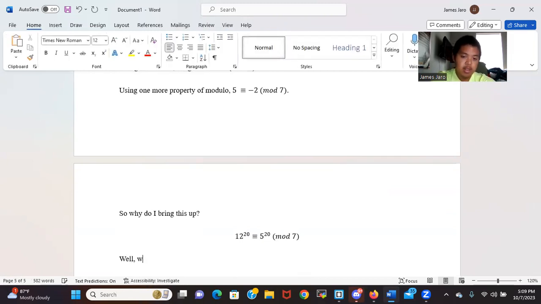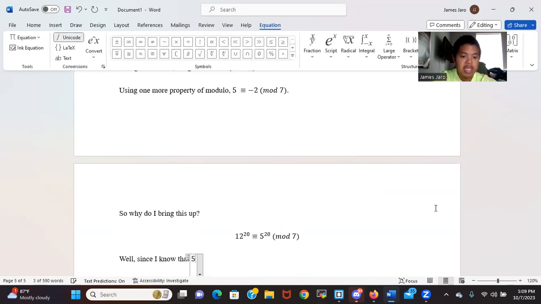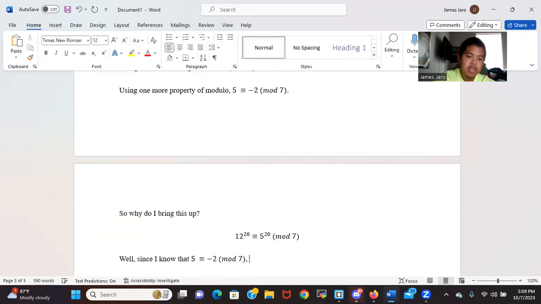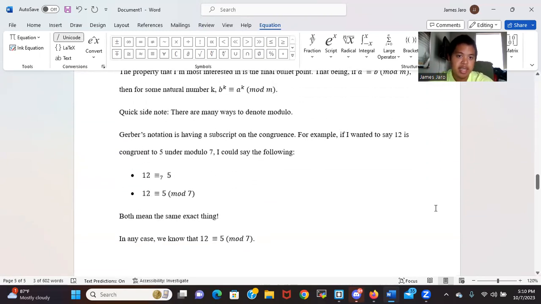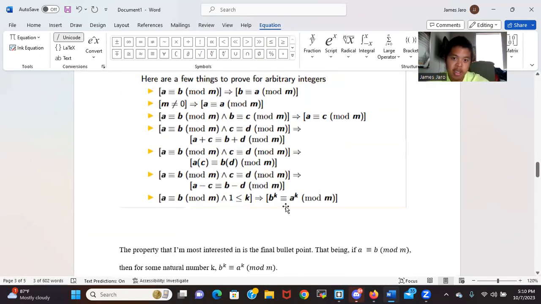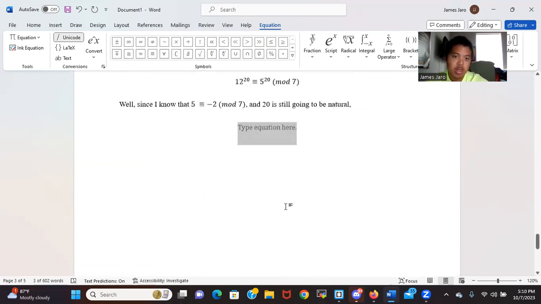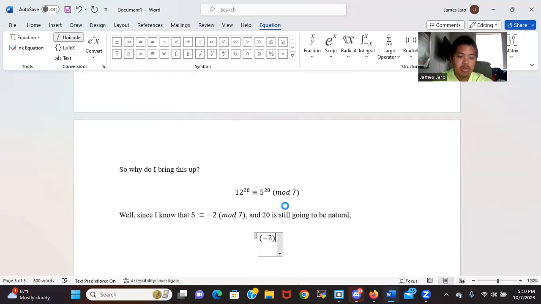Since I know that 5 is congruent to -2 mod 7, and 20 is still going to be the same, we can use that final property, that last bullet point that we used earlier, and say that -2 to the 20th is just the same thing as 5 to the 20th under mod 7.